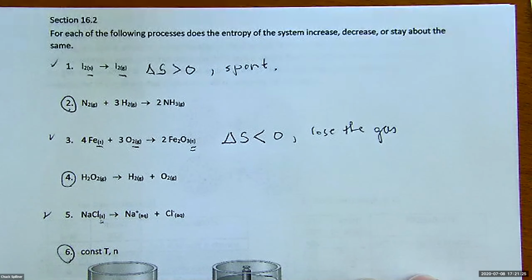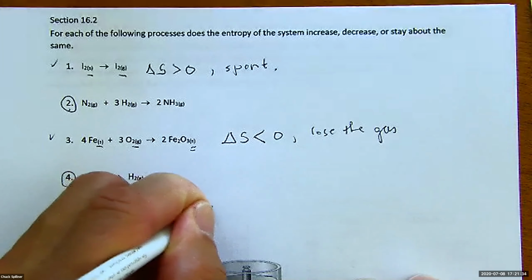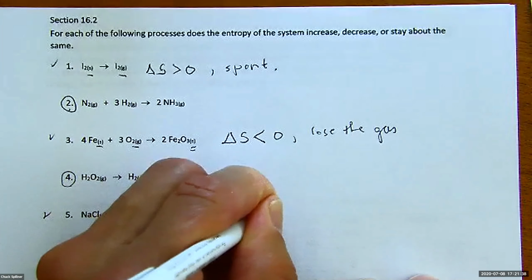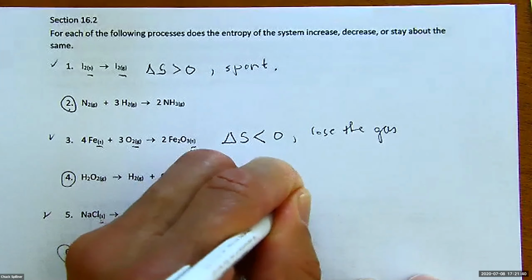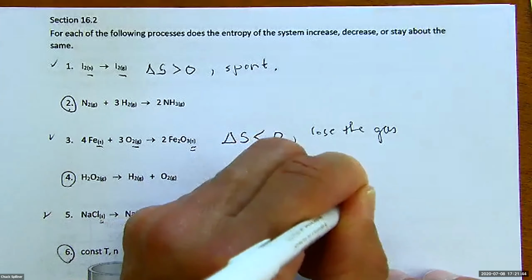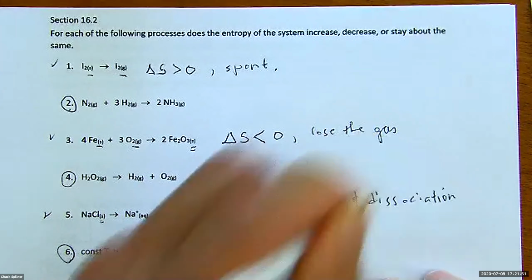And also, you're adding it to water, so you're making a mixture. So we can predict that delta S is going to be greater than 0 because we've produced a mixture, which has greater entropy than a pure substance, and we have dissociation of the ions.